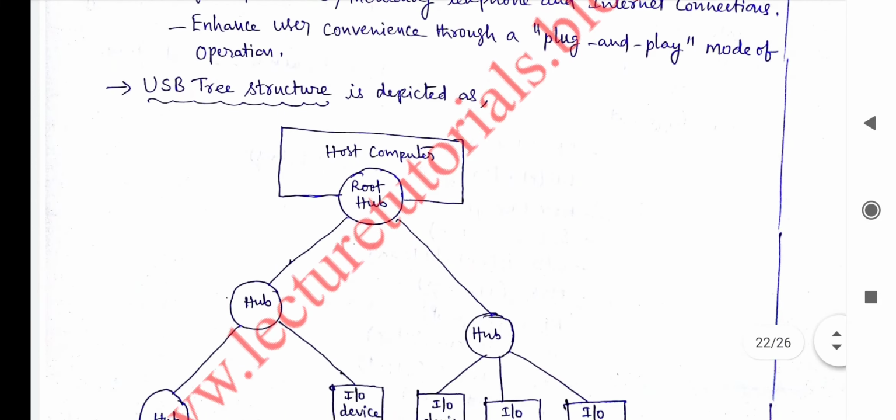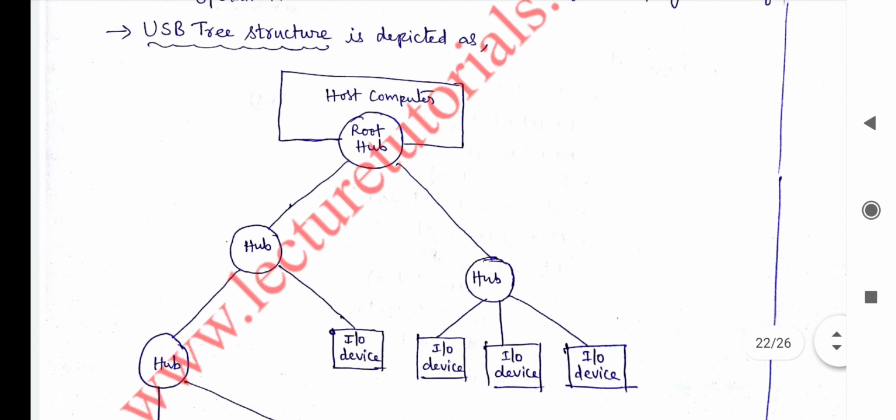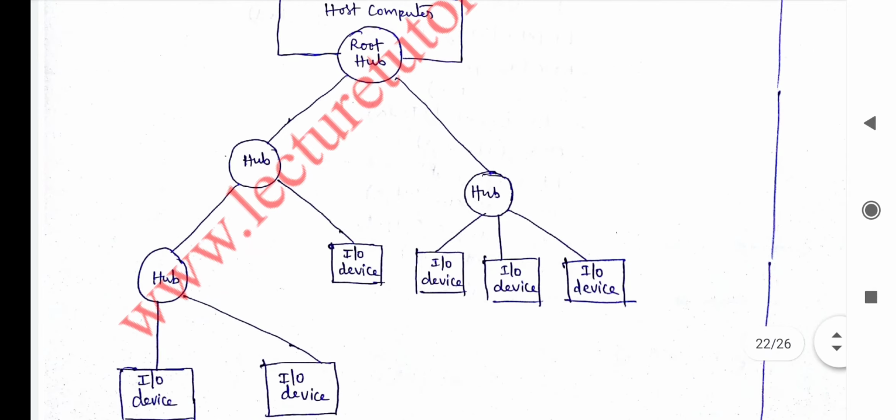The USB tree structure looks like this. The tree structure of the USB. See, host computer, root hub, and here we have two child hubs, one hub on the left side and one hub on the right side. This hub contains some IO devices, and again we have one more hub and it contains some IO devices.